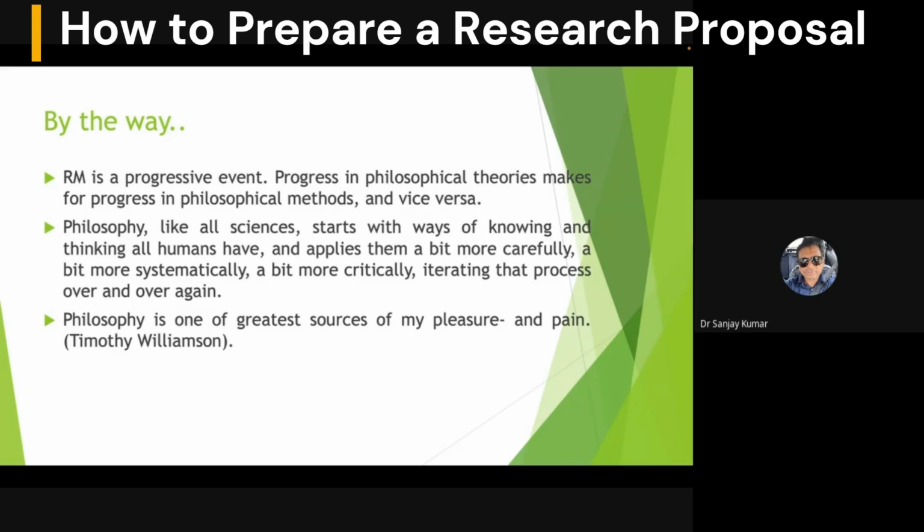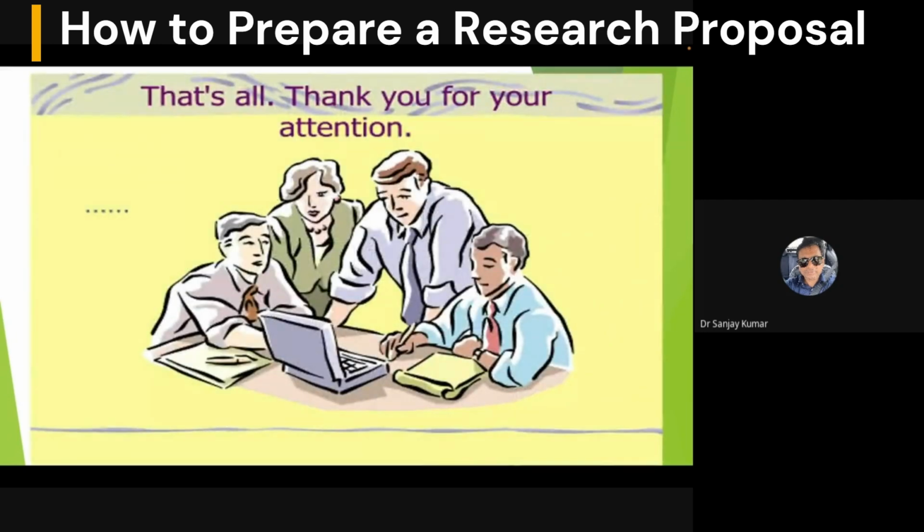And critical thinking is very important for research work, because it makes you skeptical, makes you doubt your conclusions, and frees you from cognitive biases. And one line from Williamson that I always cite with my students: philosophy is one of the greatest sources of my pleasure and pain. Okay, thank you.